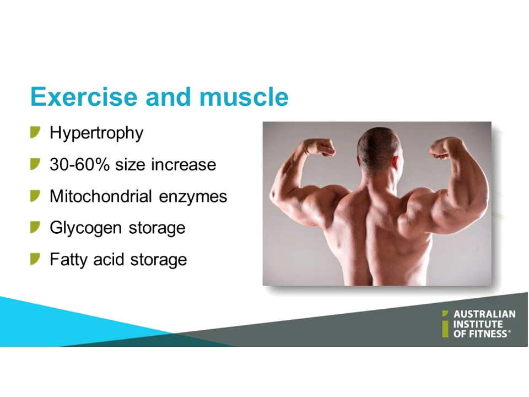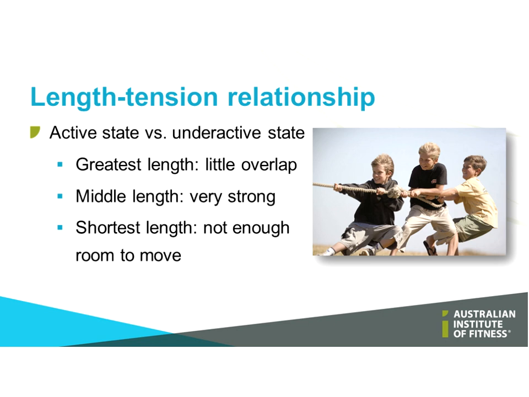Okay, so we know how our muscles gain size and strength, but how do they move in order for us to gain these improvements? So we know that movement occurs when actin and myosin overlap and link together via cross bridges to generate tension. And that's when a muscle is active. In an underactive state, the actin and myosin have less of an overlap and less cross bridges.